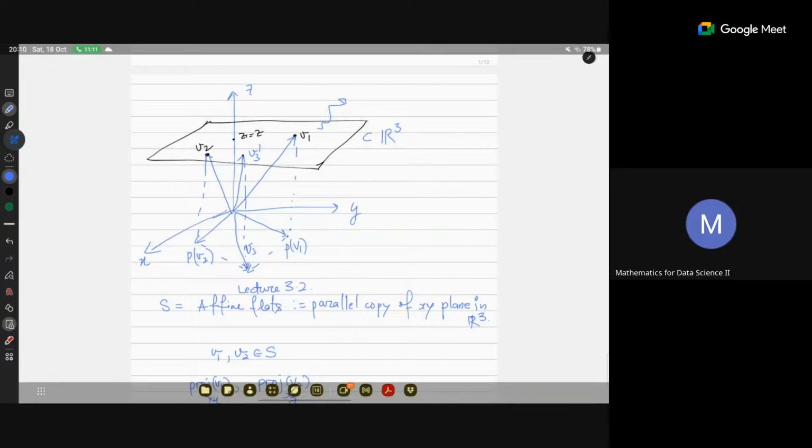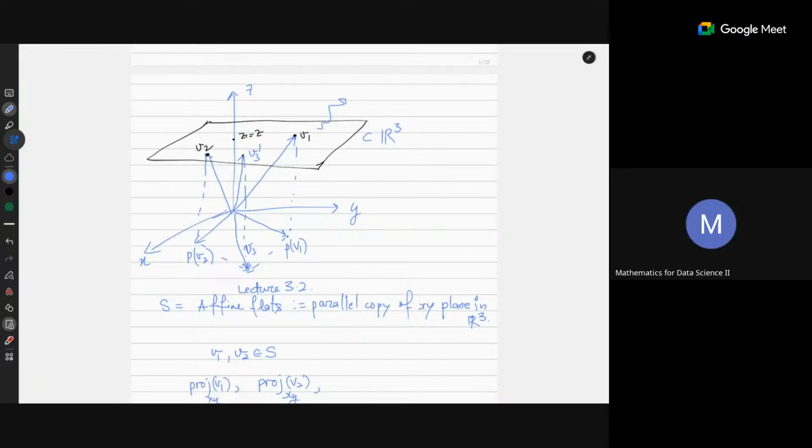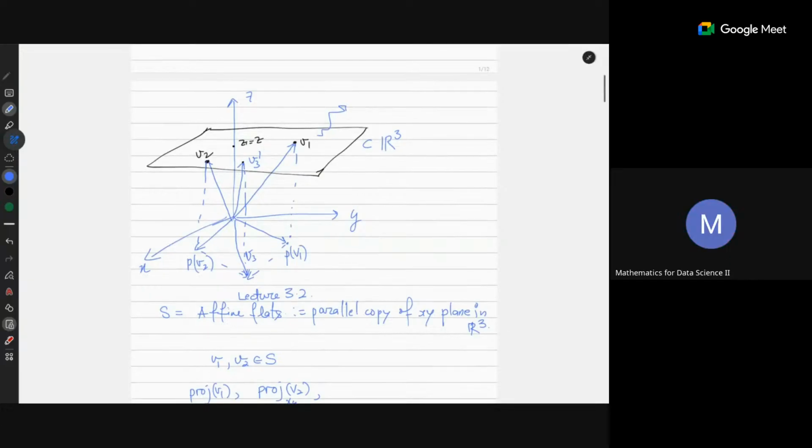Can anyone want to guess how you describe this subset? Z is equal to Z1. Yeah, that is correct. Z is equal to Z1. But if you want to write down the vectors, the points in this, how will you write?